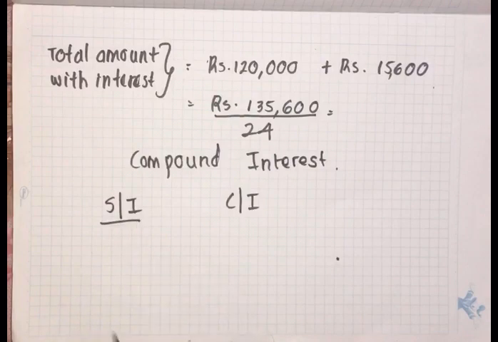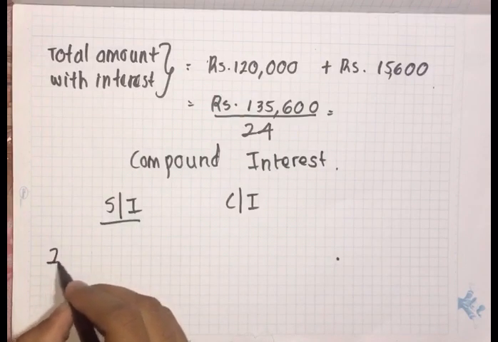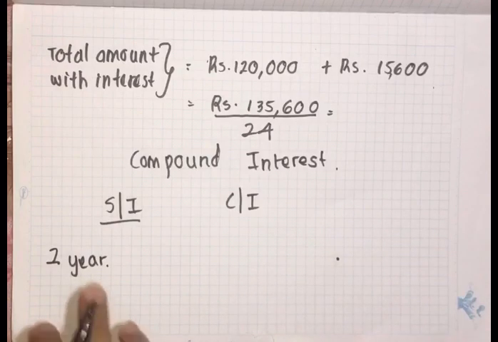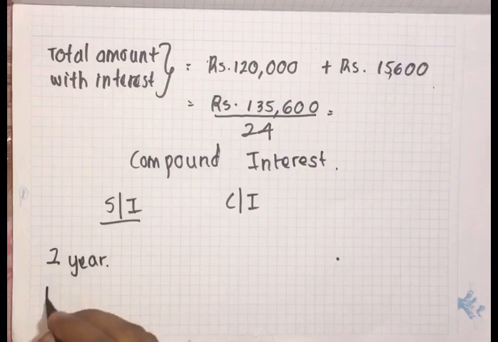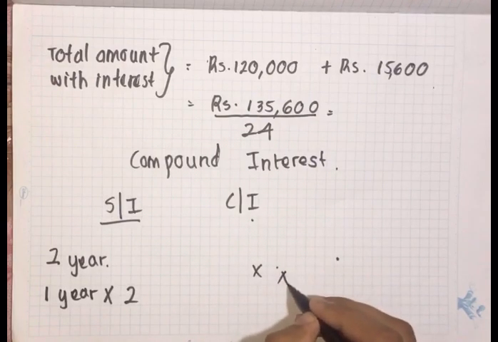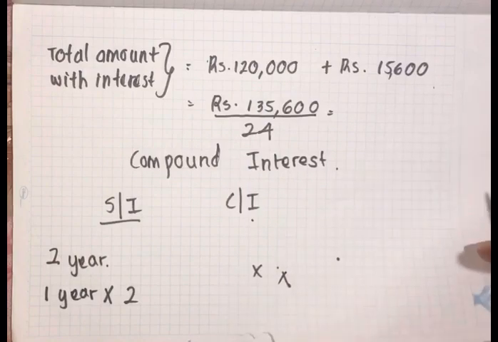In simple interest, if they speak about 2 years, say you take a loan from the bank and you are paying it in 2 years, you find the interest for 1 year and multiply it by 2, right? But in compound interest you cannot multiply. That is wrong. Here this is the way of calculating.